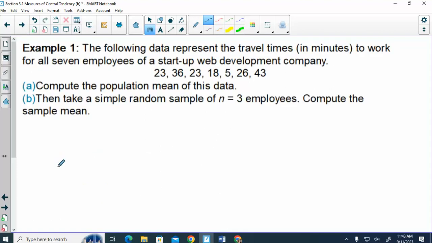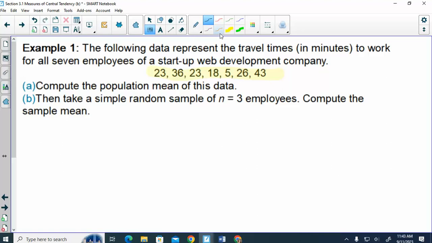So, first example. This is giving us travel times in minutes to work for all 7 employees of a startup web development company. All right, so if it were me, I probably would just write down these numbers for your example. You don't have to write the whole blurb there.